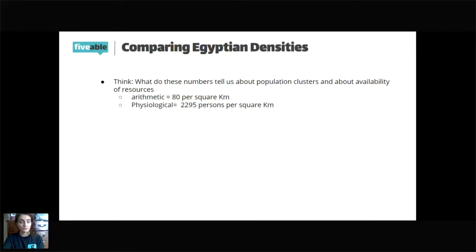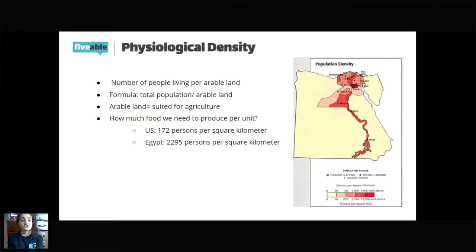And then we'll talk about physiological density. Physiological density is the number of people living per arable land. The formula is dividing the total population of the country by the area of the arable land in the region. Arable land is the land suited for agriculture, the land that's able to support people by producing food.